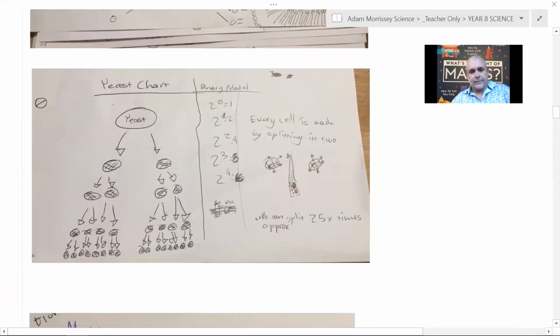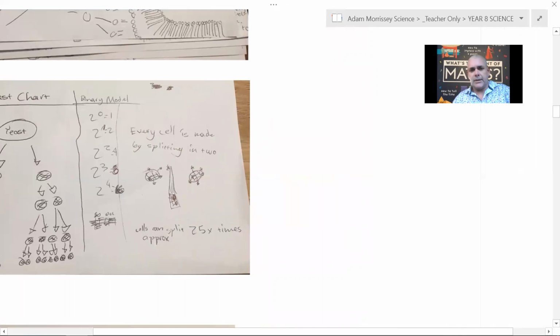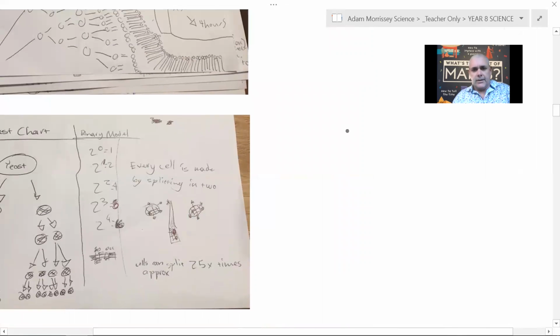So there's something important that we want to model next. And because it's a binary system and we're splitting things in two, there's a really important teaching moment that we do here. We've gone from 1 to 2 to 4 to 8 to 16 perhaps.